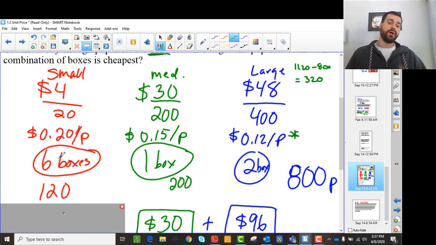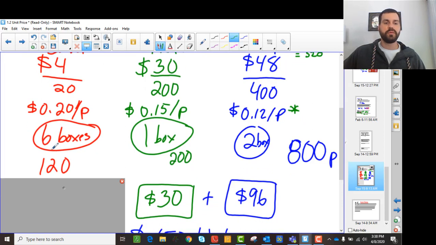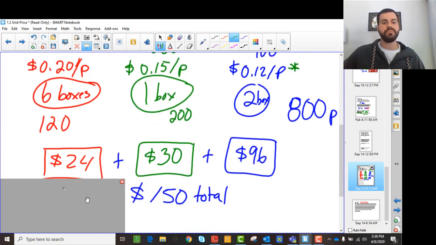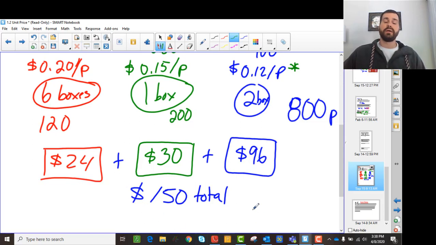Okay, because again, 200 is too big. 200 is bigger than 120. So I buy as many of the biggest boxes as I can, then the next biggest boxes, and finally 6 boxes of the smallest one. Okay, and 6 boxes of the small one is $24. And if I add those all together, it means I'm going to spend a total of $150 on popsicles. Okay, so that's the idea behind unit price.